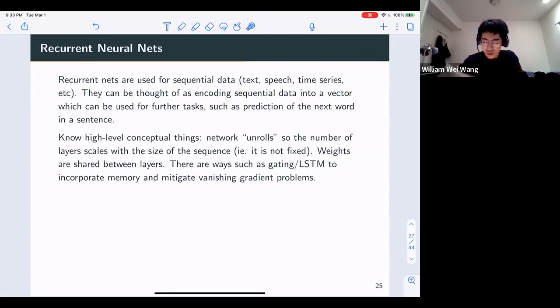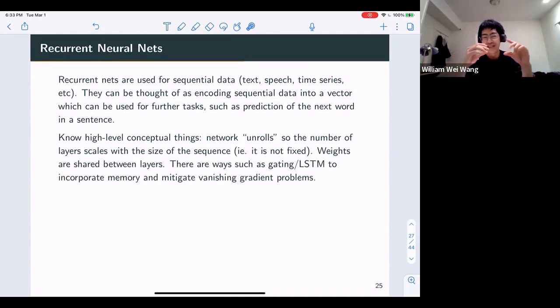Recurrent neural networks, you hopefully remember something about them. They are usually used for sequential data, and a lot of times the examples are text data. What you should know conceptually are the high-level things I've detailed here. A recurrent neural network can take variable length sentences, for example, and encode them into vectors, which you can then use for classification.